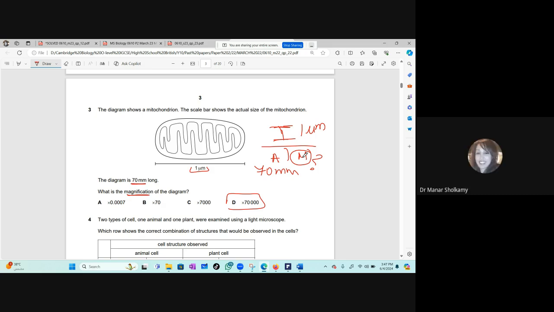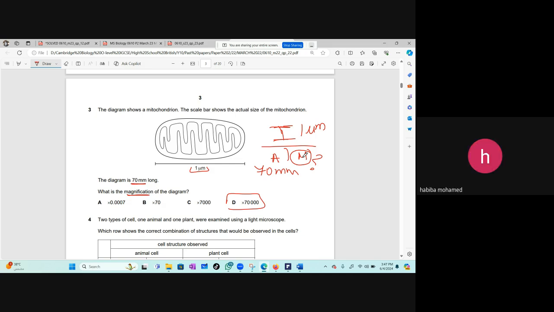Okay, what did you convert 70 millimeters into? Multiply by 1,000, so it's 70,000 micrometers. Yes. Now, what is the magnification? 70,000. Why? Didn't we divide 1/70,000?